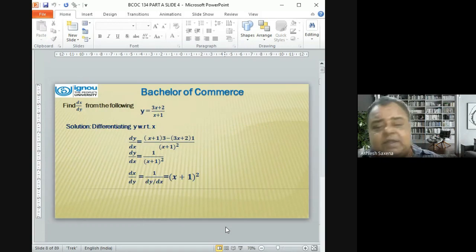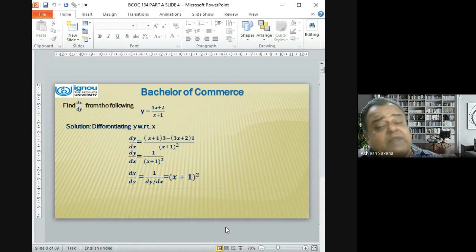Here it is. You are being asked to calculate dx by dy. Your function is y is equal to (3x plus 2) divided by (x plus 1). You can see that this is in the form of numerator and denominator, so we have to apply the u by v method, that is the division method. In that case, dy by dx will be equal to the square of the denominator.